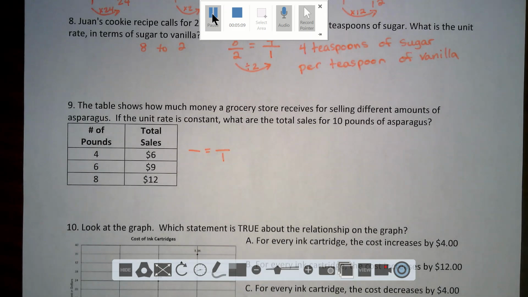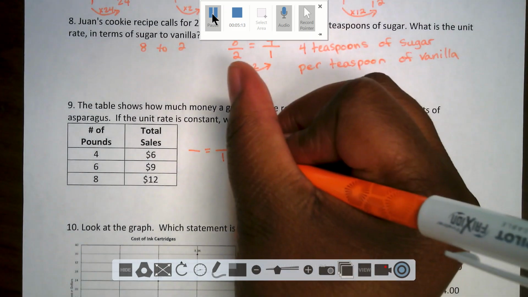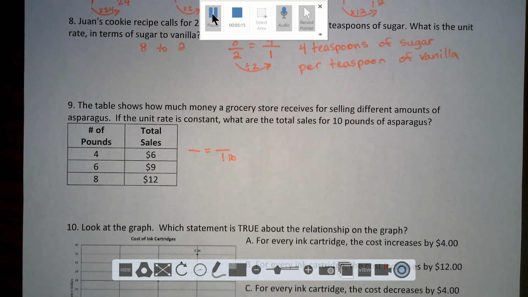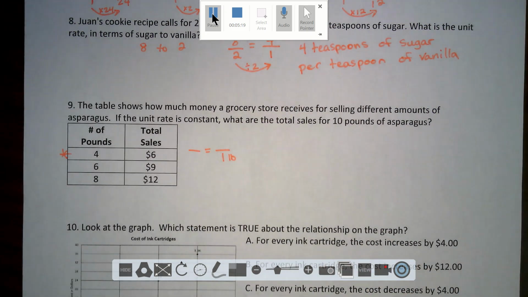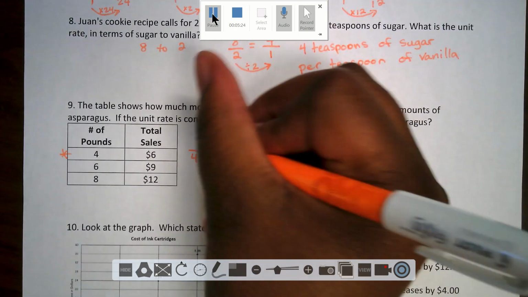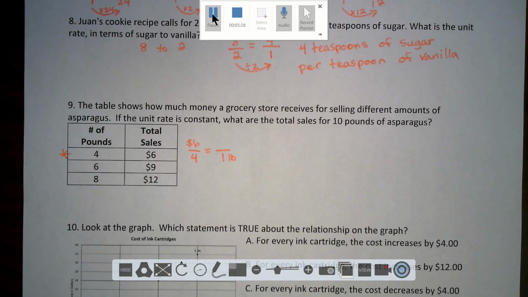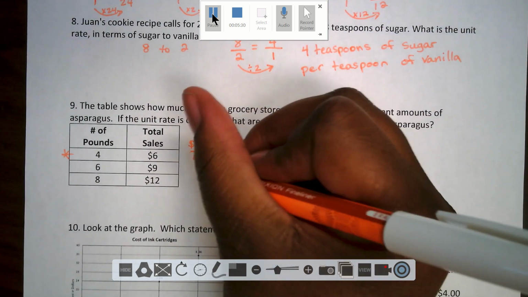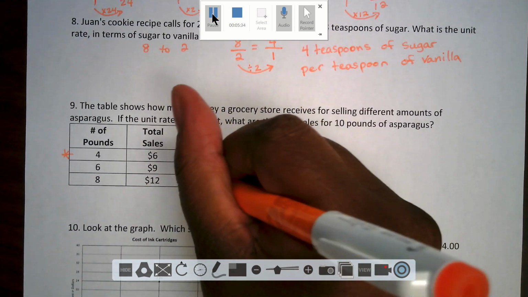Remember, 1 for unit rate. And I'm trying to find out 1 pound. Okay. So I'm going to compare that. I'm going to use this first part of the table. I'm going to compare that to the 4 pounds for $6. Okay. So when I'm looking at this, I'm going from 4 to 1 by dividing by 4.